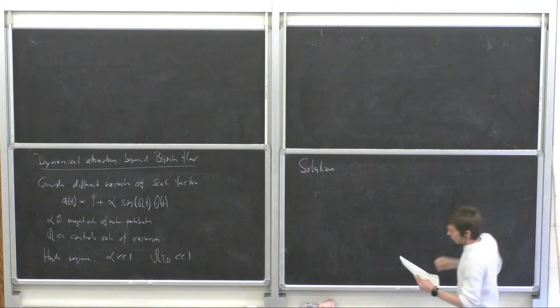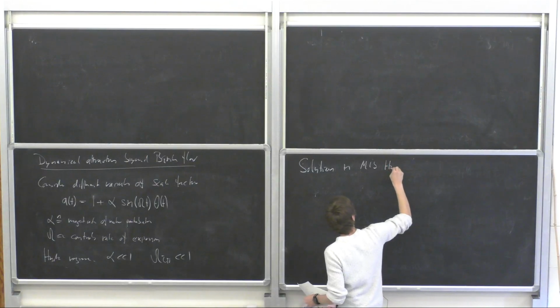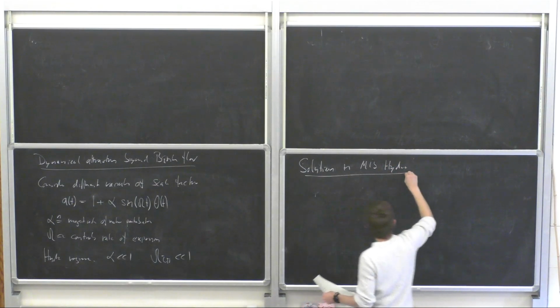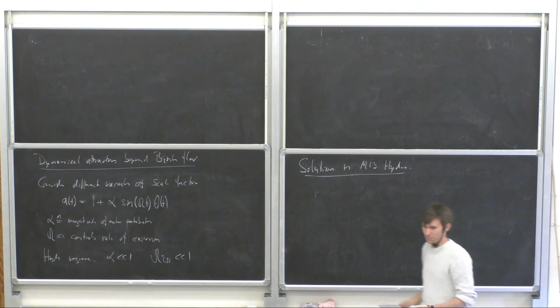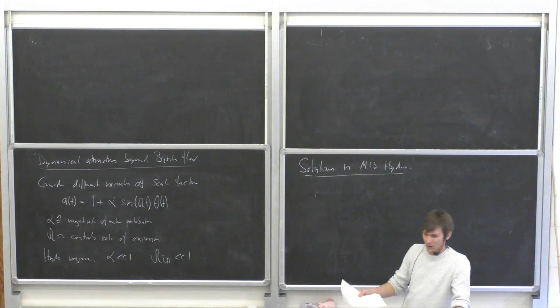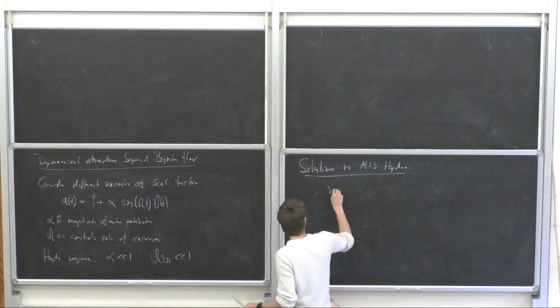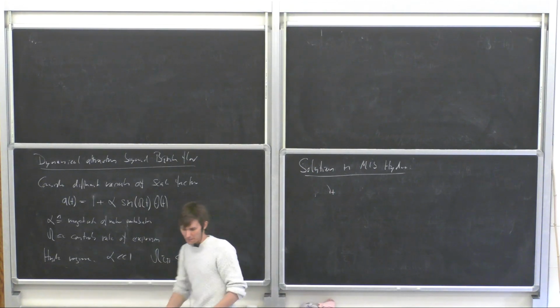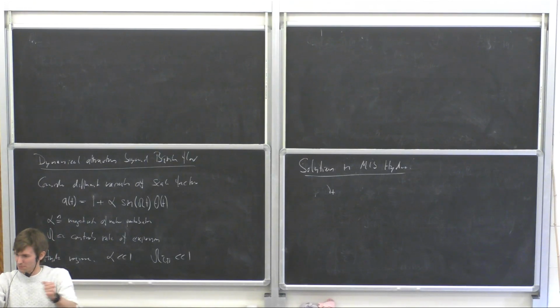Okay, so we can try to solve this in Müller-Israel-Stewart hydro, and that is not too hard to do. We just make use of everything that we have derived so far. What we care about here is that we are doing this anisotropic expansion of the system.